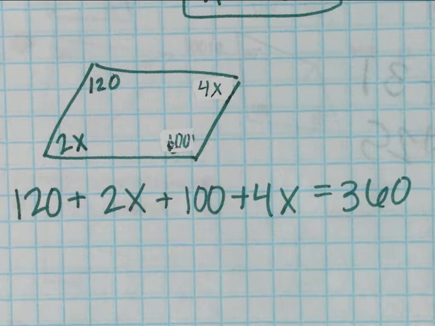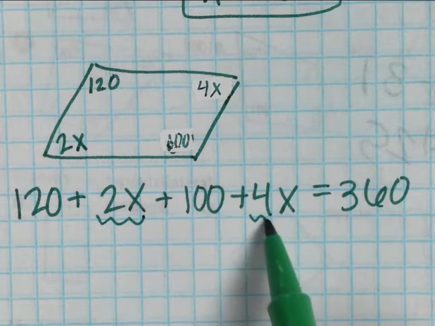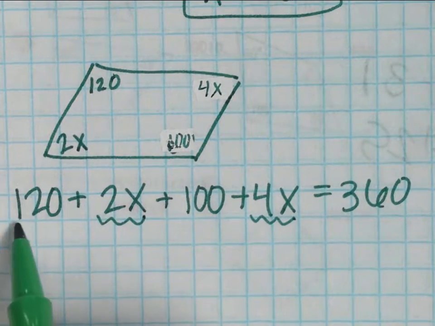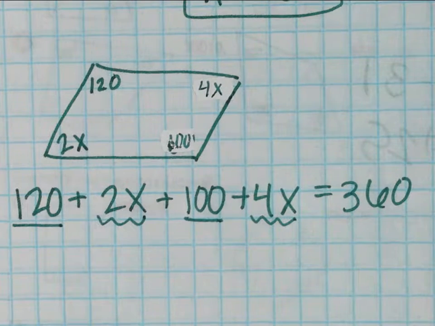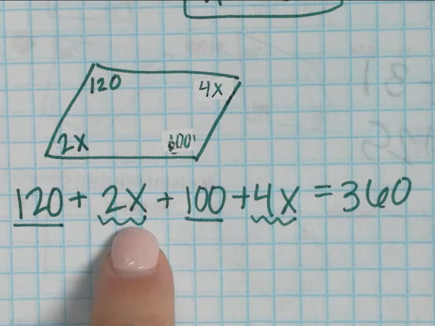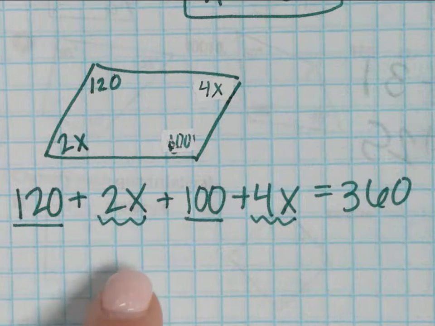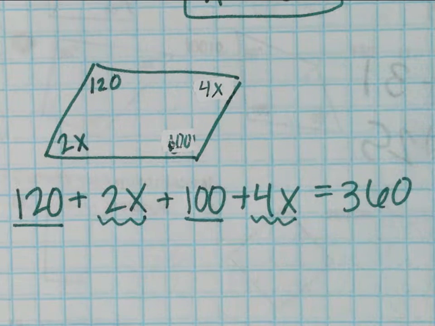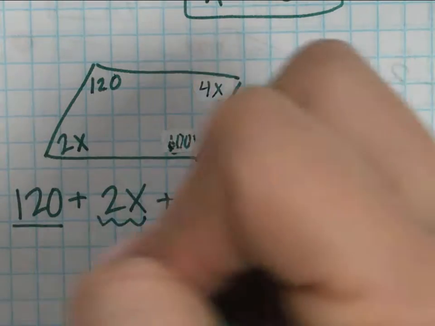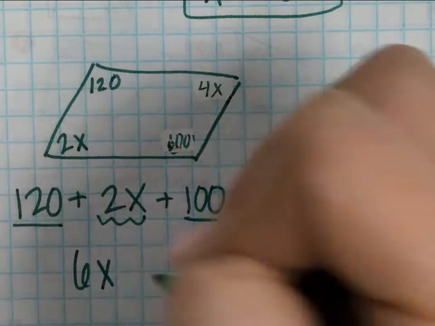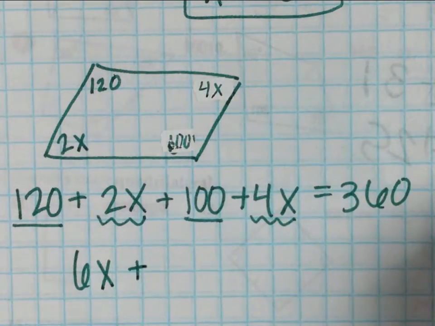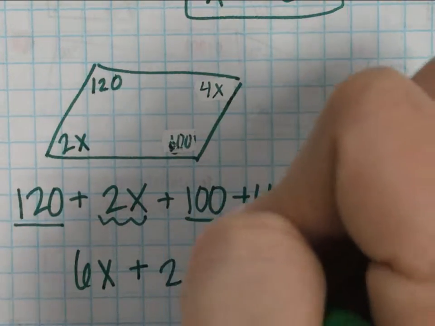So, Jacory, which ones can I add? 2x and 4x, and then, of course, I can add 120 and 100, right? I cannot add 120 and 2x. You have to add like terms. So 2x plus 4x gives me what? 6x. And then 120 plus 100 gives me 220.